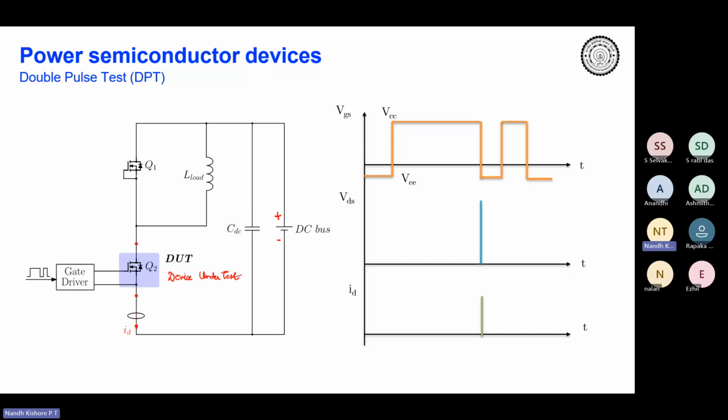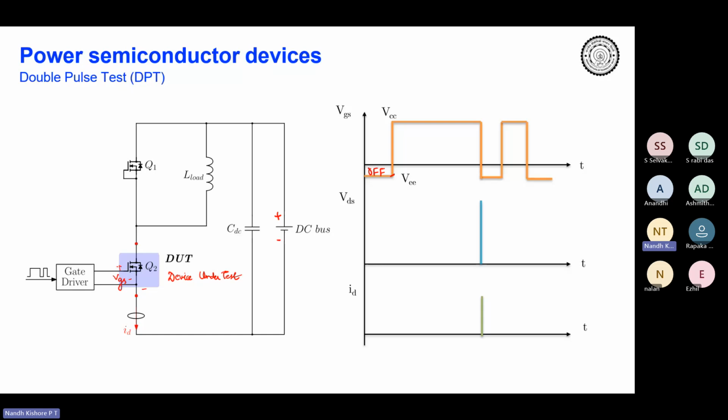Initially the device was in the off state. And then at this particular instance, you turned it on. VGS is the voltage across the gate to source of Q2.